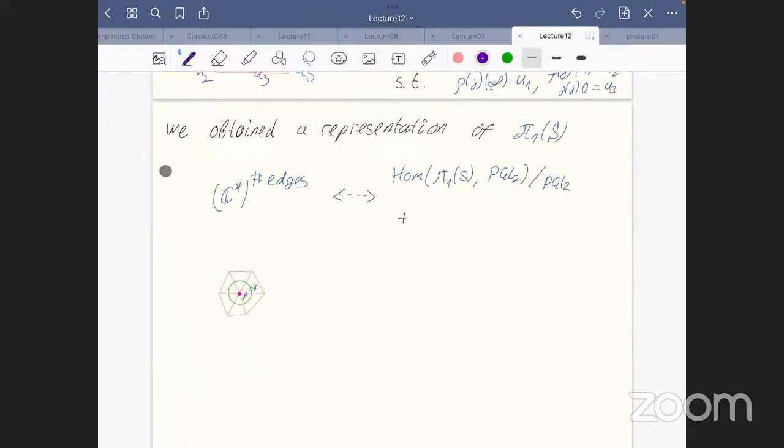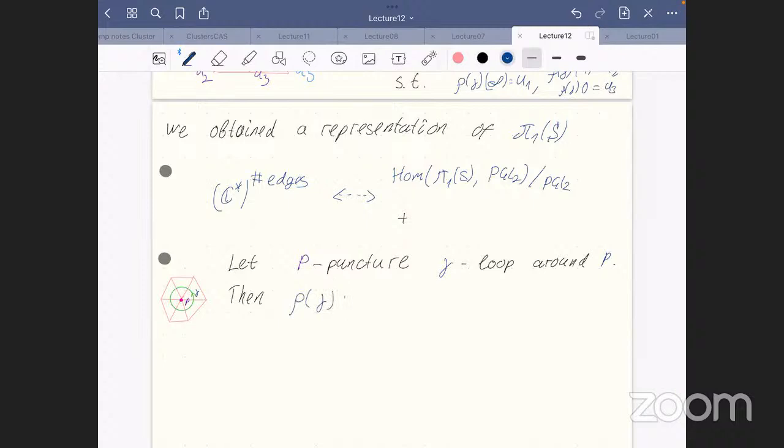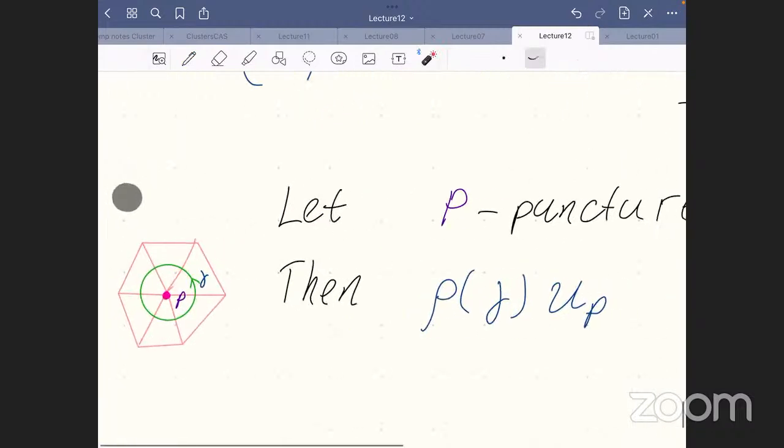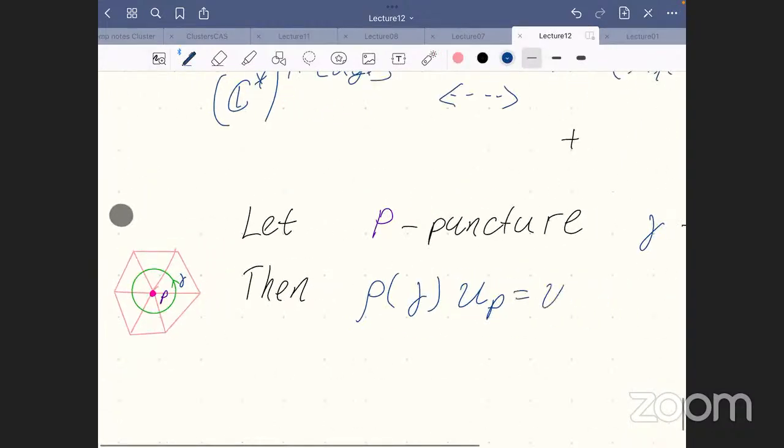But we start from some point. So let P be a puncture, and let gamma be a loop around P. Then, if we take this rho gamma and apply it to the line assigned to P, then you see that this is equal to U_P itself.